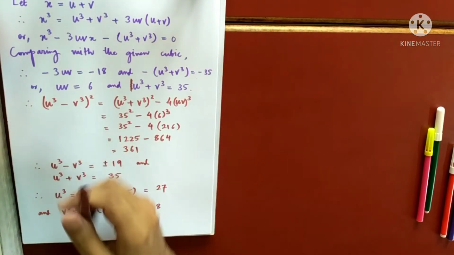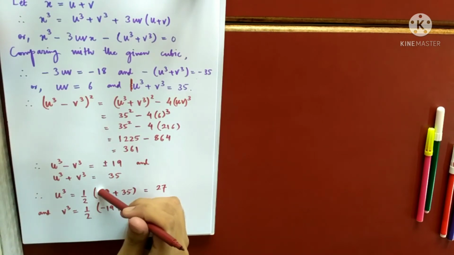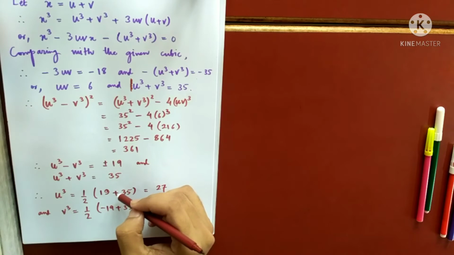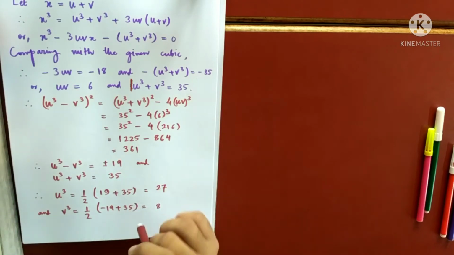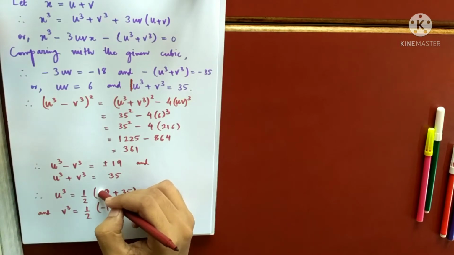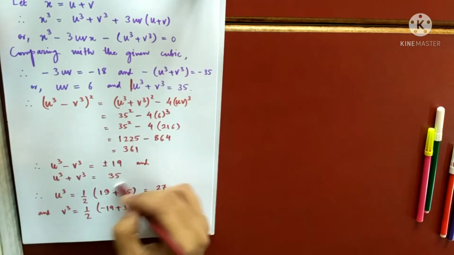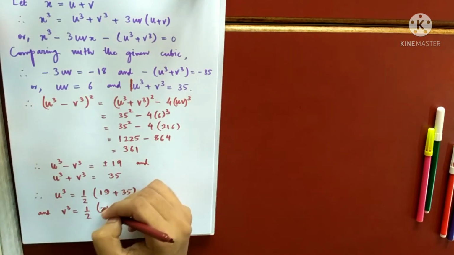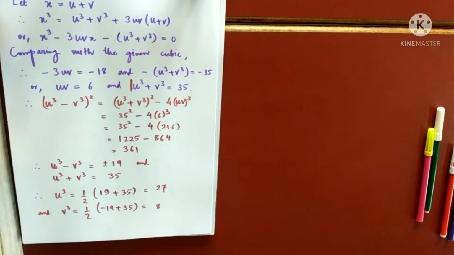If you compute, you will get plus minus both here, right? You are saying that u cube will be plus minus 19 plus 35, right? Now you will see that when u cube equals plus 19 plus 35, then v cube will be minus 19 plus 35, and when you take minus here, you will get plus 19. So both are giving us the same values.